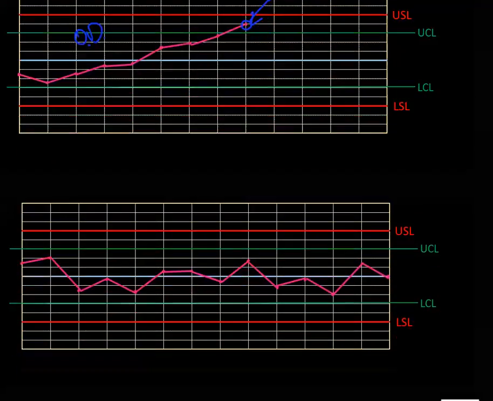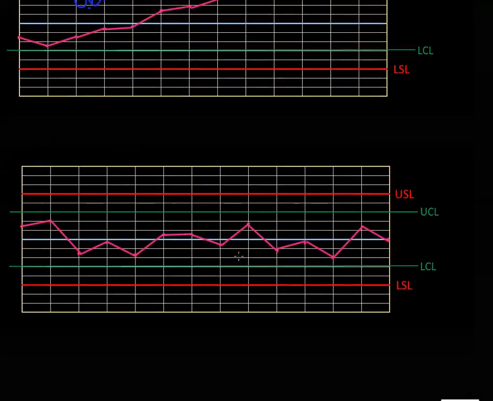Okay, so let's take a look at this last chart here, and let's see what we have. We're looking at all the points. They're certainly within the upper and lower spec limit. They're within the upper and lower control limit. I see a nice amount of randomness, up, down. I see that it's roughly centered throughout the control limit ranges, and I have some up near the high limit and some near the low limit. Well, this isn't out of control at all. This is actually in control.